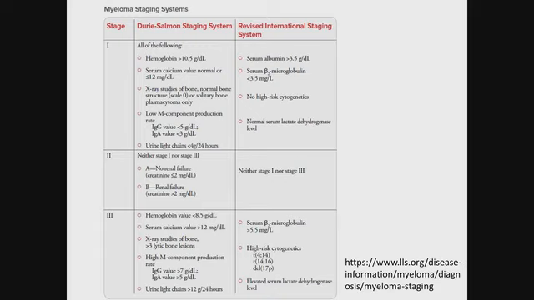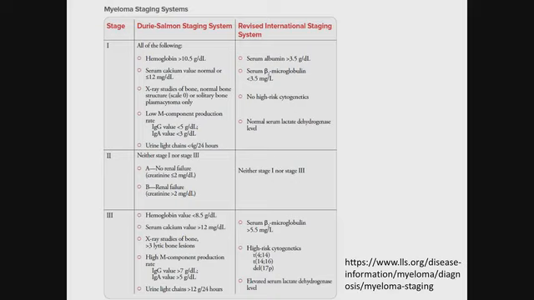A patient walks into their oncologist's office, newly diagnosed with multiple myeloma, and after doing a series of blood tests, looking at quantities such as their hemoglobin levels and amount of calcium in the blood, also doing, let's say, a biopsy of the patient's bone marrow to measure amounts of different kinds of immunoglobulins, doing gene expression assays to understand various different genetic abnormalities, that data would then feed into a staging system like this.